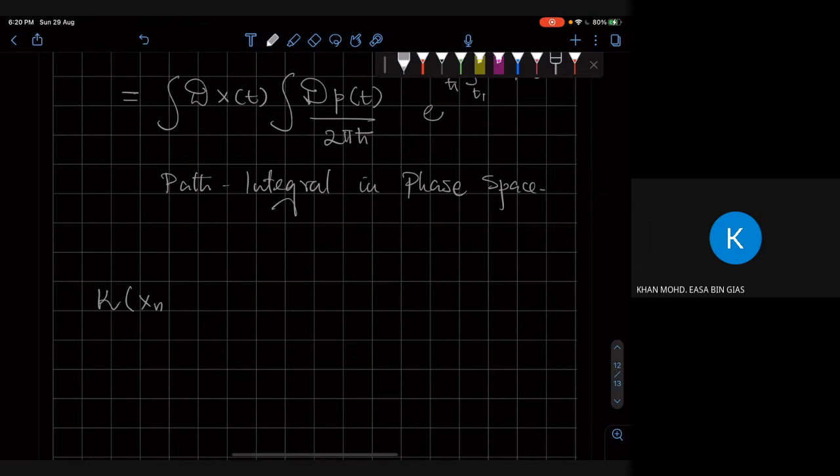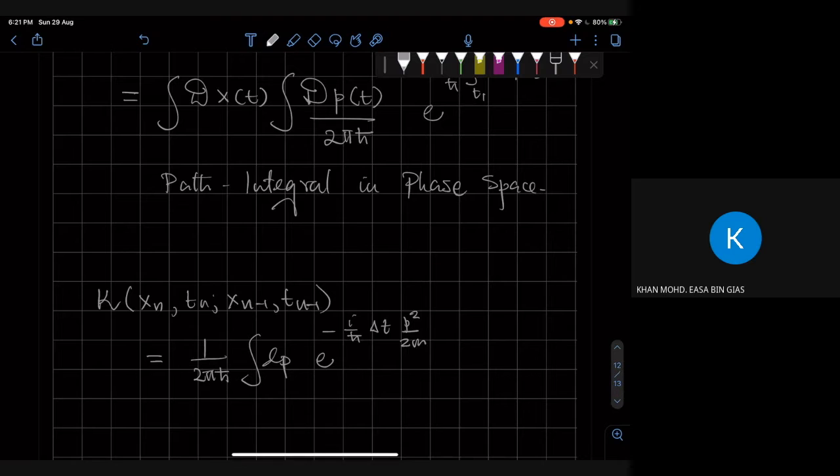K(xn, tn; xn-1, tn-1) is equal to 1 over 2 pi h bar, integral dp, and we have established that for small delta t, we can exponentiate it. It's i by h bar, you can write Pn, but for now I'm just going to ignore that because I'm just dealing with one, delta t, and there's a p squared by 2m. This is the kinetic term.